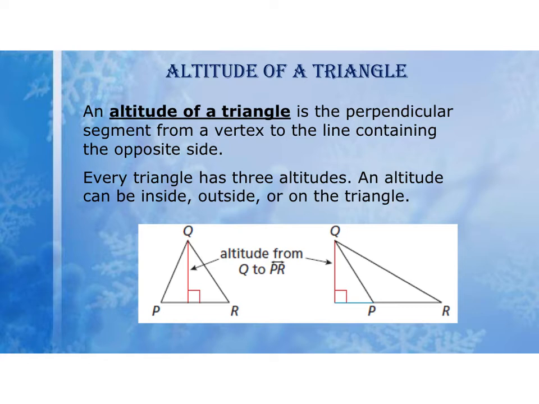The height of the triangle is the same thing as the altitude. So we're going to be looking for a perpendicular segment that's going to indicate an altitude. So just like the perpendicular bisector, it also has a right angle associated.